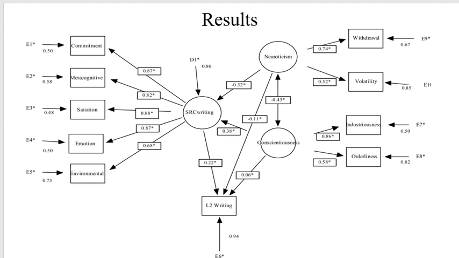Although marginal, self-reported writing ability was positively related to SRC while also being statistically significant, suggesting that the effect of SRC on students' L2 writing is never negligible. Therefore, individual students may need support to become more self-regulated L2 writers.